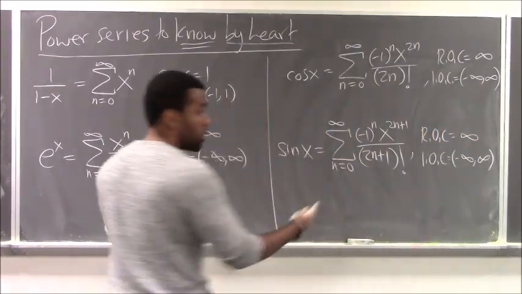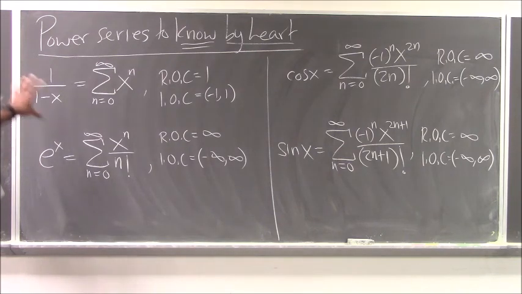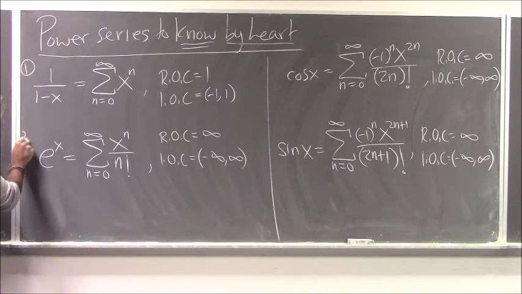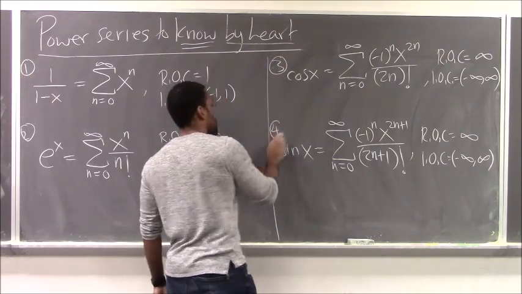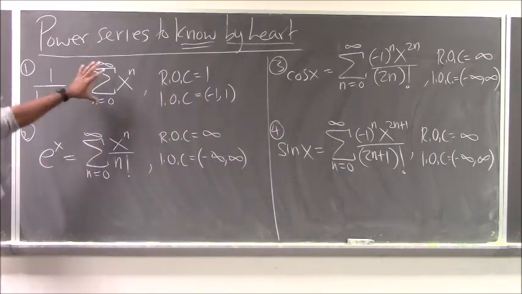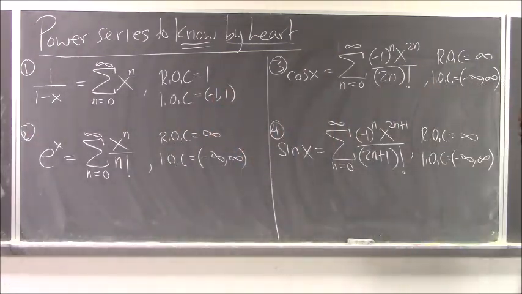So these four things, which I'll get out of your way, you can take a snapshot: 1 over 1 minus x, e to the x, cosine of x, sine of x. These are four power series that you should know by heart. You should know what functions they represent. You should know where they are actually valid.